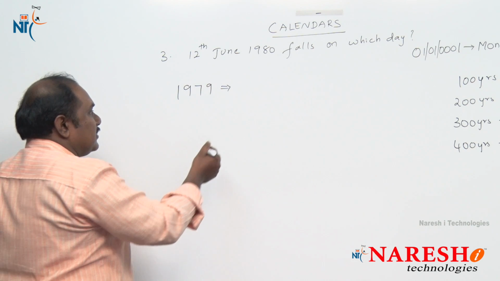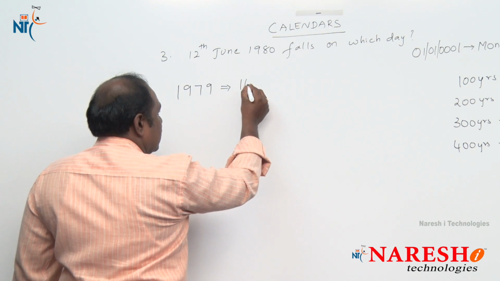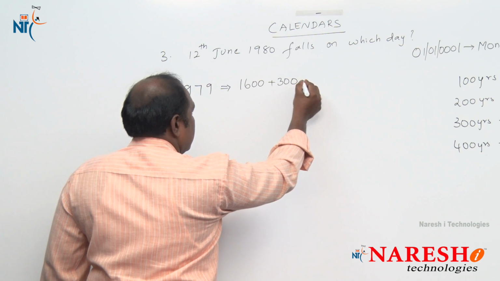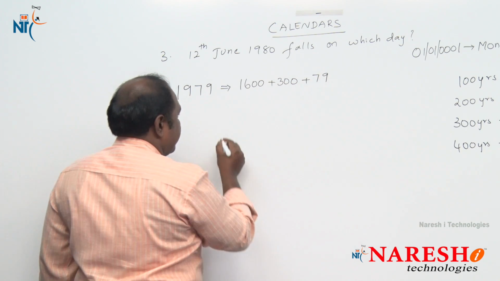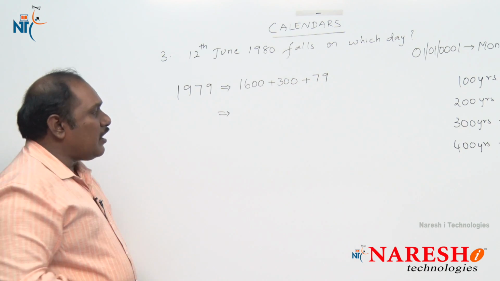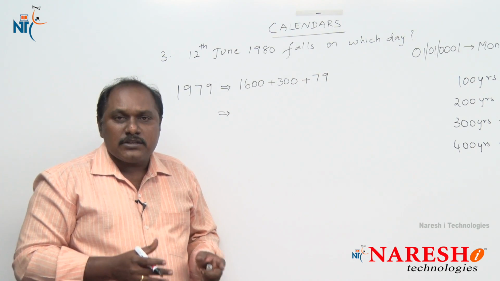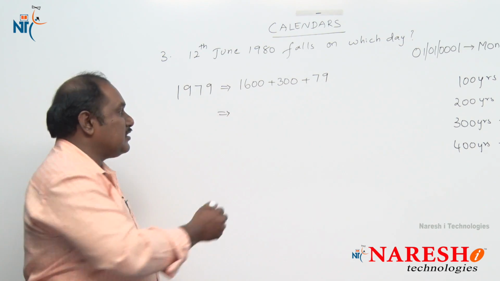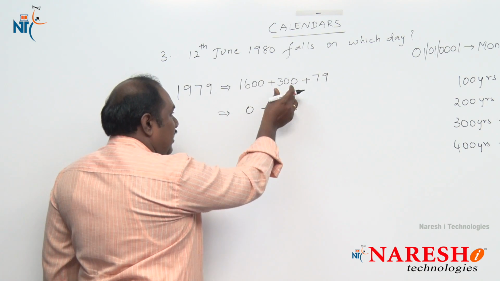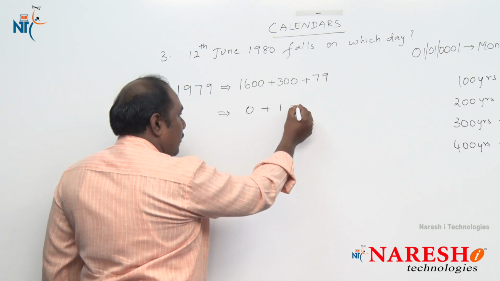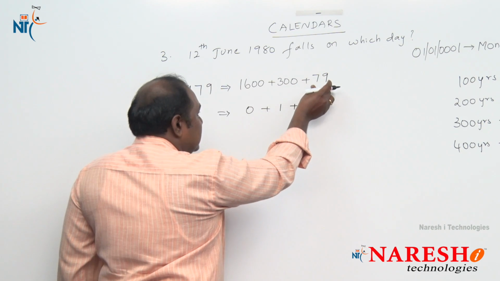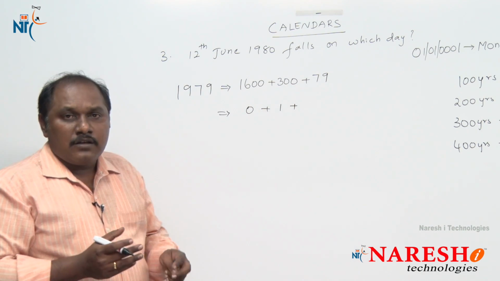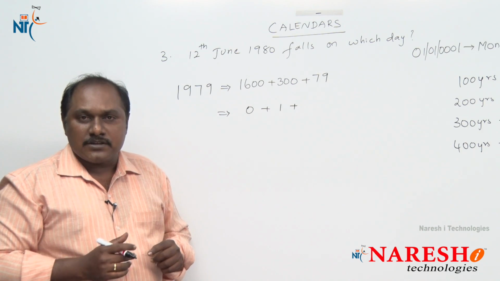For our convenience, I write this as 1600 plus 300 plus 79. We know that after every 400 years odd days become 0. So 1600 years should have 0 odd days, plus 300 years have 1 odd day. In these 79 years, we have two types of years: leap years and non-leap years.